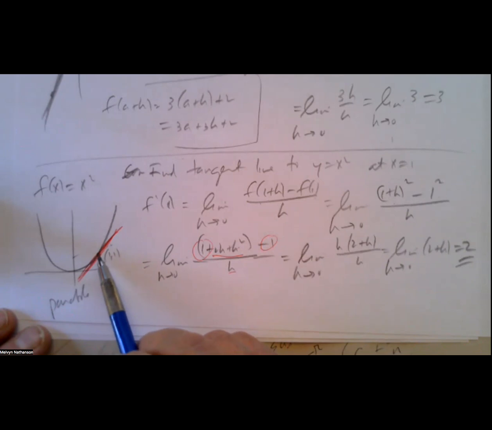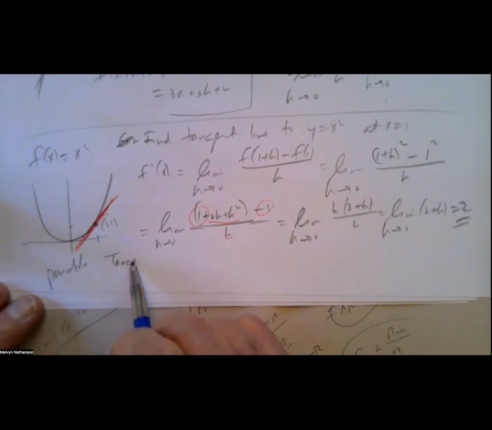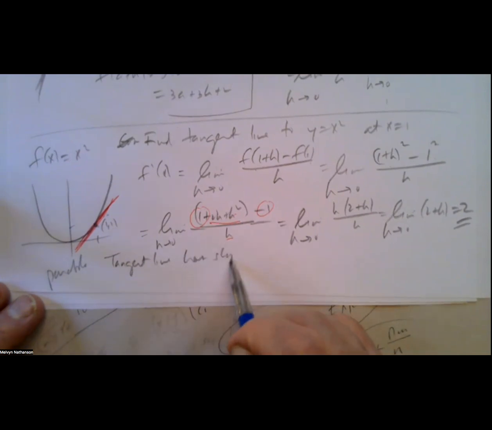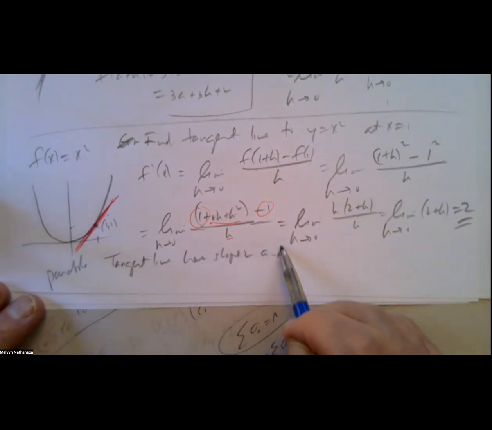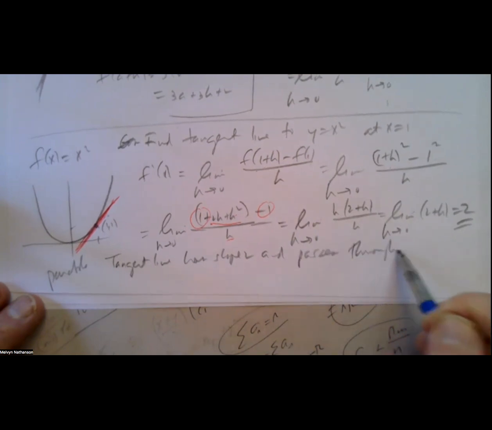And the tangent line goes through the point 1, 1. So now you have to do some more high school algebra, and you absolutely have to be able to do this. The tangent line has slope 2 and passes through the point 1, 1.